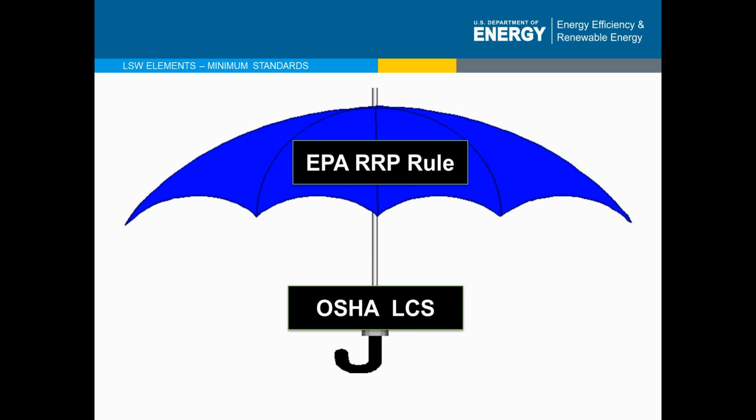RRP is the umbrella of the lead-safe work practices rules, so everybody, DOE, states, tribes, has to be in compliance with the EPA RRP rule. And of course, workers also need to be in compliance with the OSHA lead in construction standard. So you have these two entities out there no matter what.